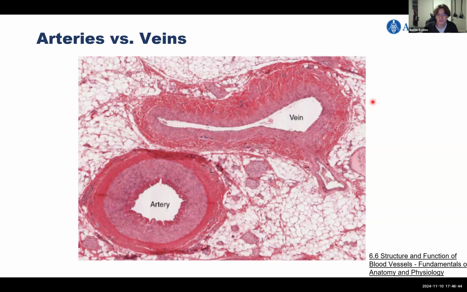So the main things that you want to look for when you're looking at arteries versus veins, and you can see a good one in this picture, just as a rule of thumb, the veins will usually kind of flatten out and have a more squiggly overall appearance of their lumen because they're weaker, they're not as strong, whereas the arteries are circular, they hold that shape pretty firm even if there's pressure, and then they have this thick layer here in the middle that has a lot of muscle in it, whereas the veins, you don't really see so much of that thick layer. There's a little bit, but the rest is more on the periphery there.